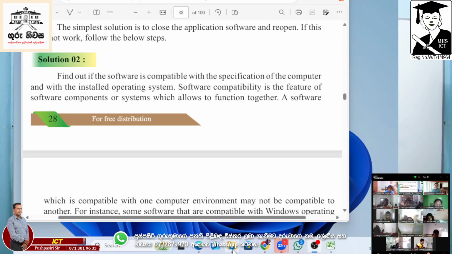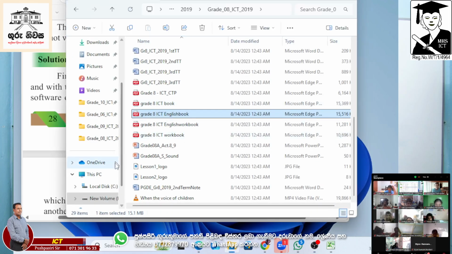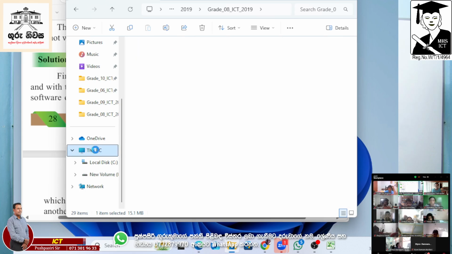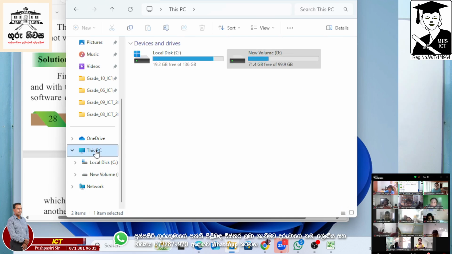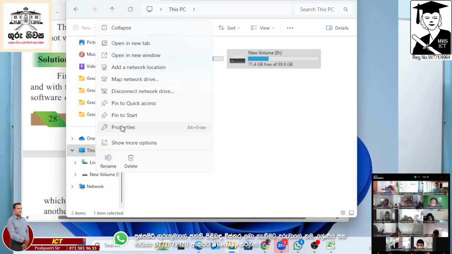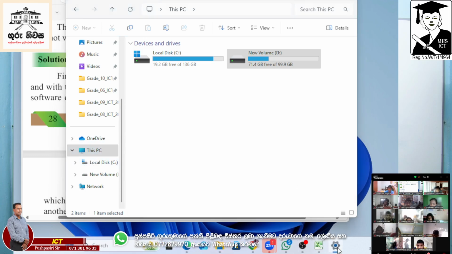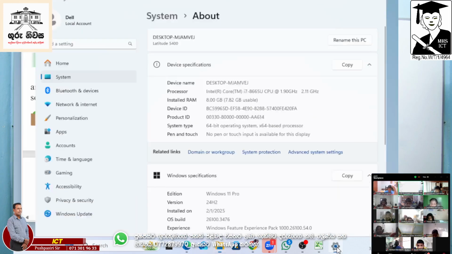Here you get This PC, right click on it and go to Properties.